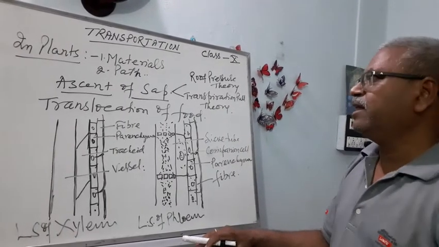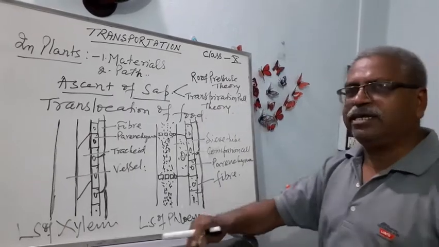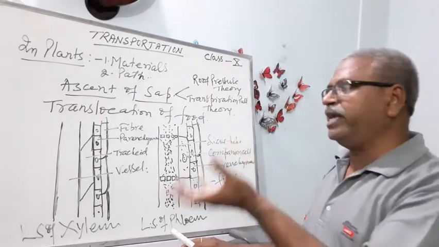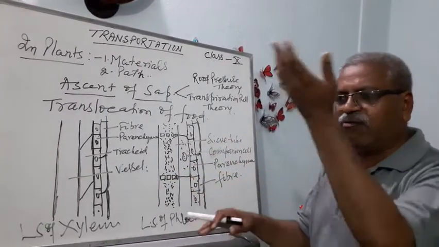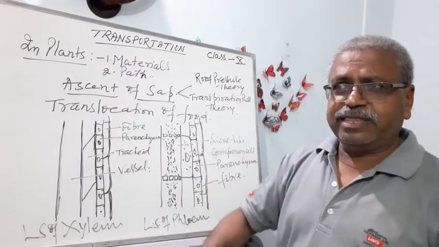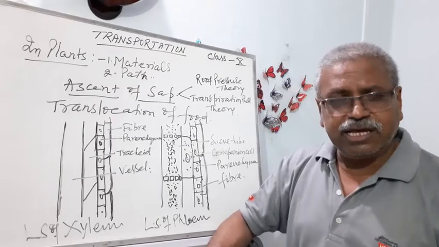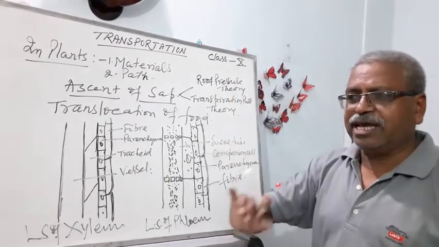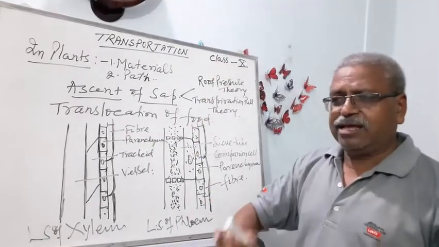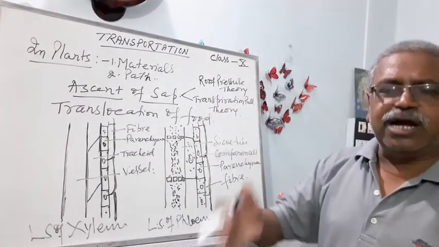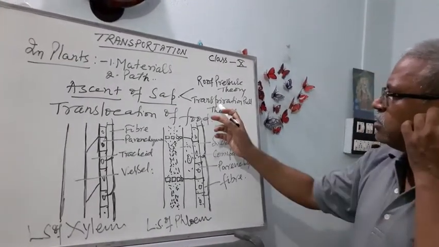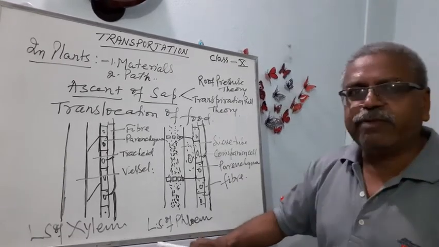According to this theory, transpiration occurring at the surface of the leaf creates a suction pressure which pulls the continuous water column from the xylem of the leaf to the root, because the xylem strands are continuous and water is kept in a vertical column due to the high cohesive and adhesive property of the water. This theory was proposed by Dixon and Joly.